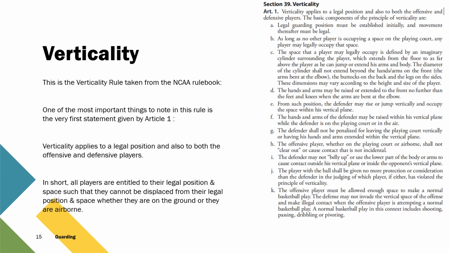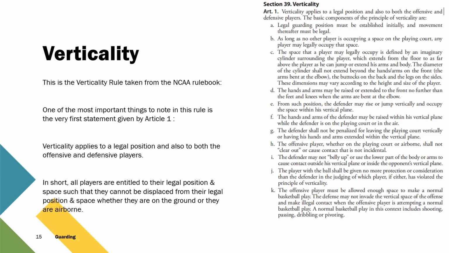A through K, similar to what we saw on the last slide, with the components given by the National Federation High School Rulebook, define the things that offensive players and defensive players can and cannot do with respect to verticality.